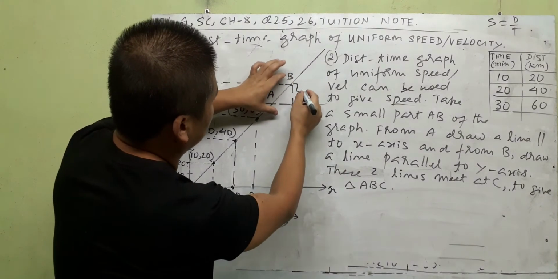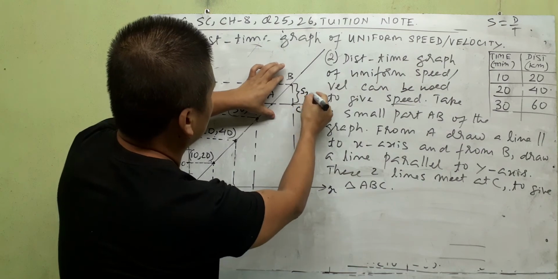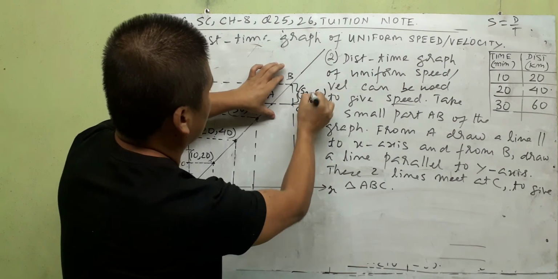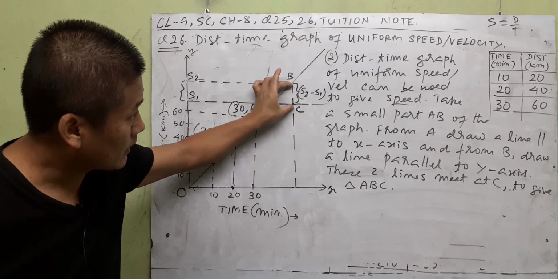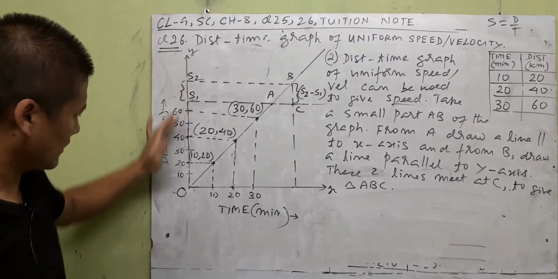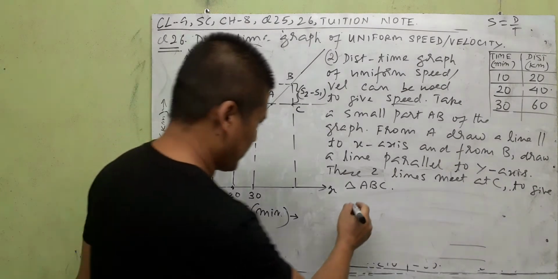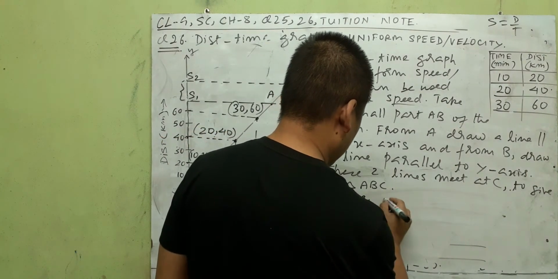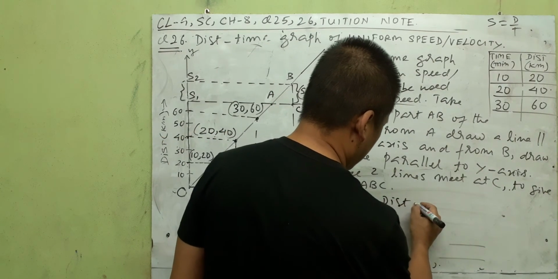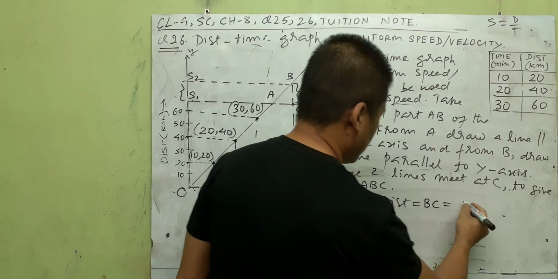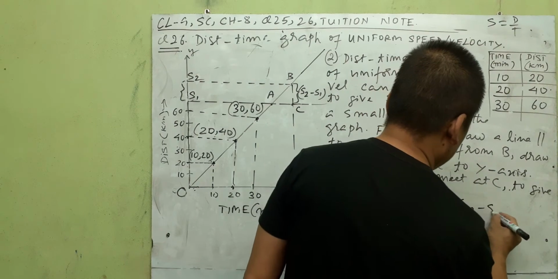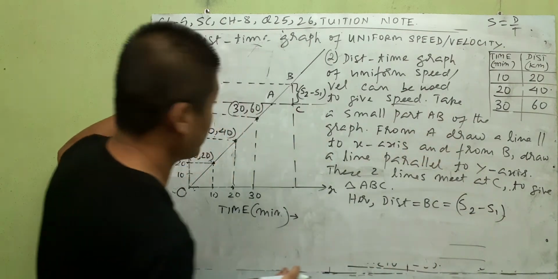So this portion will be S2 minus S1. That is the distance covered when the object moved from A to B, because this is the distance axis. Therefore, distance is given by BC, which is equal to S2 minus S1. You do those things on a diagram, okay?